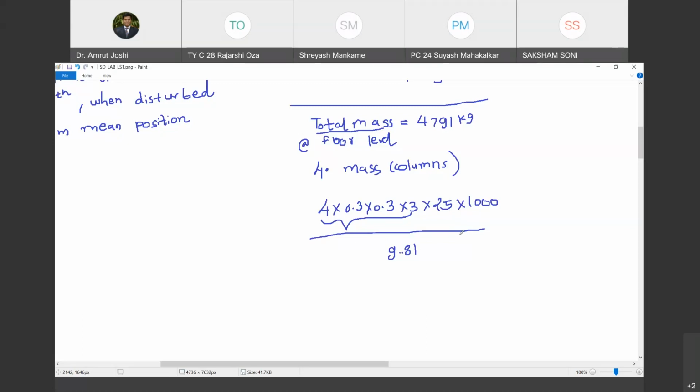Please let me know. 4 into 0.3 into 0.3 into 3 meter into 25. So are you getting it as 2752? Let me know. Yes, so it is 2752 kg.